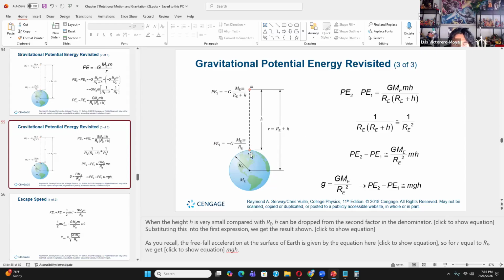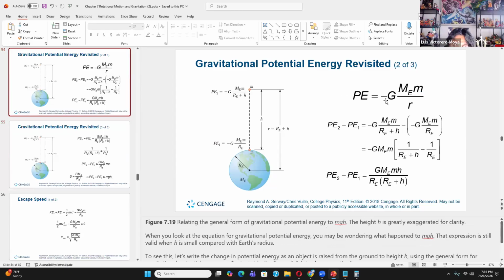So at the surface, when h is basically zero or close to zero, the value of gravity is GM over R squared. That's why we define it as mgh. Here it is. So we are basically proving the mgh formula using potential gravitational energy, which is defined, as I said, like this.